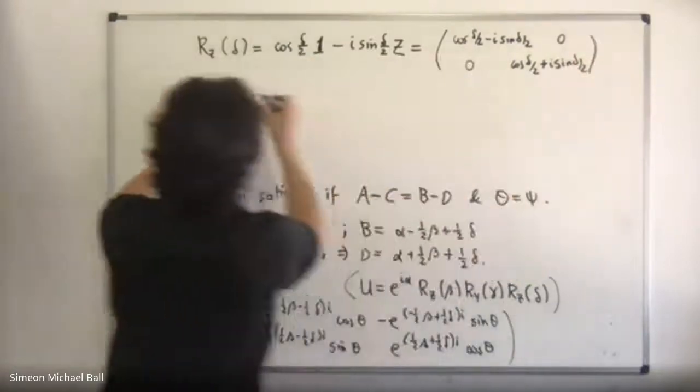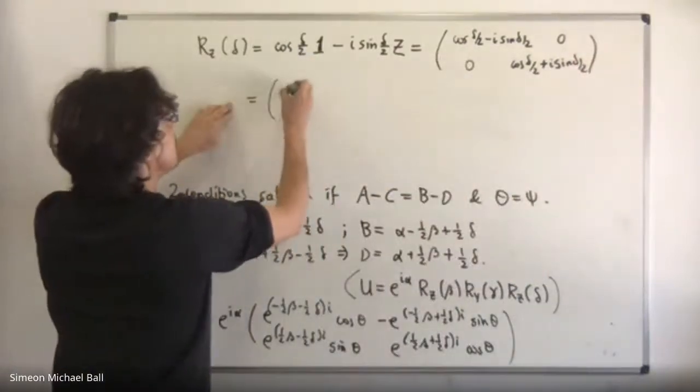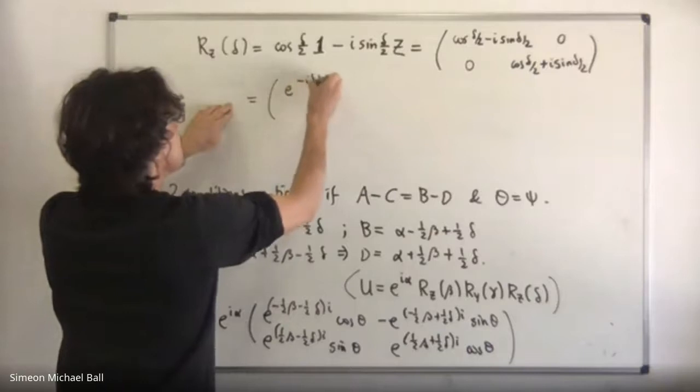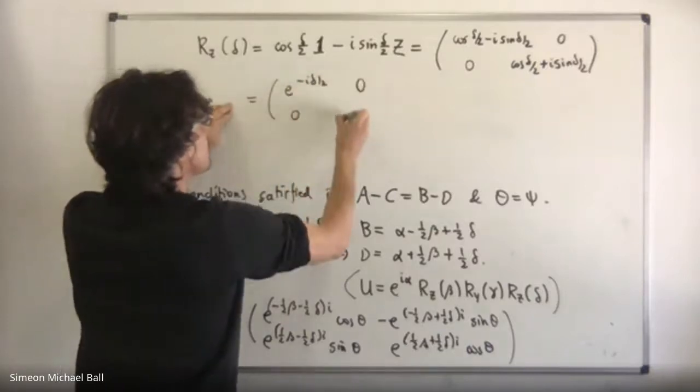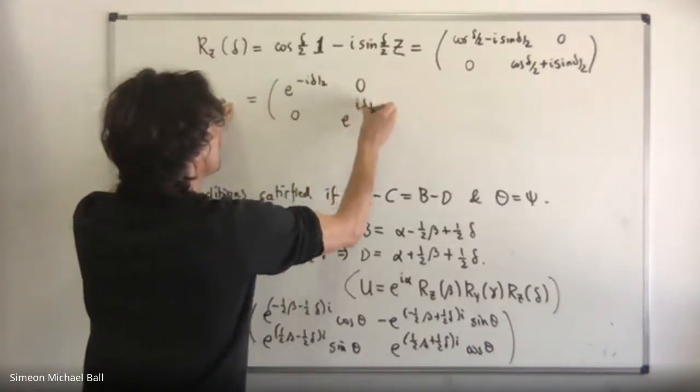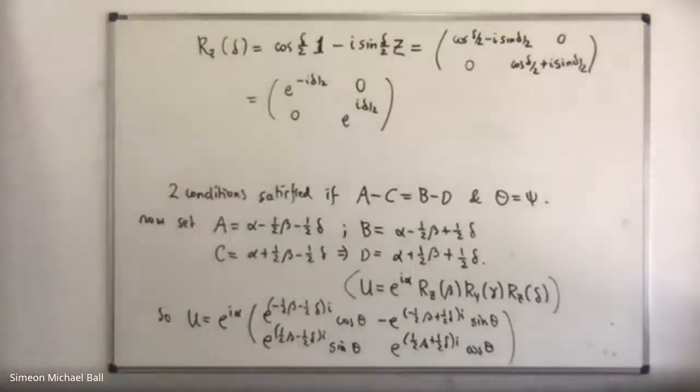So this is, in fact, e to the minus I, e to the I. Okay, so that's that matrix.